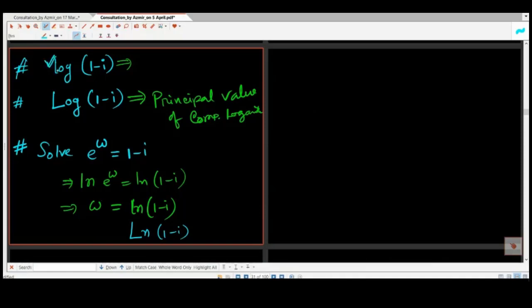All this defines w equals f of z. So for convenience, we are using this notation. So suppose we are going to evaluate log of 1 minus i.